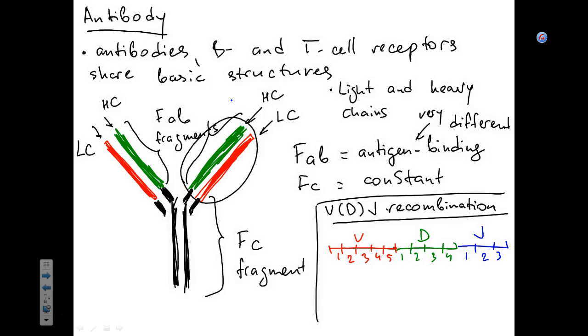When antibody is produced, it is the FAB, this fragment, is the combination of a V, a D, and a J. One gene of each. For instance, 311.